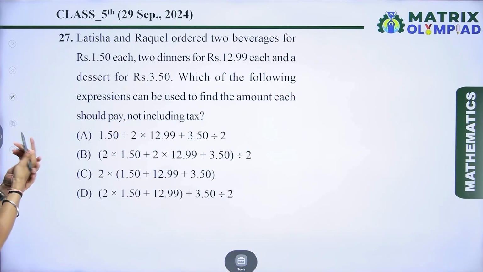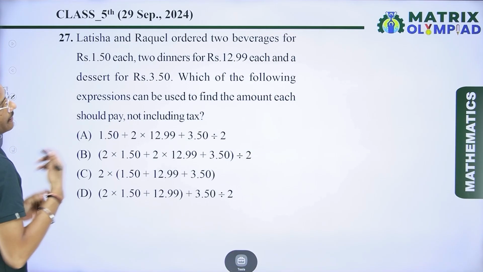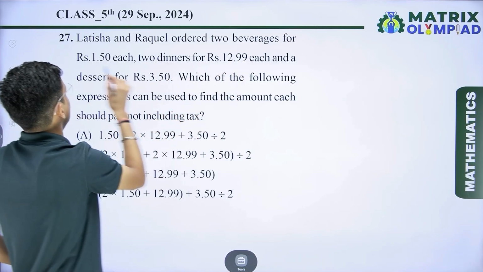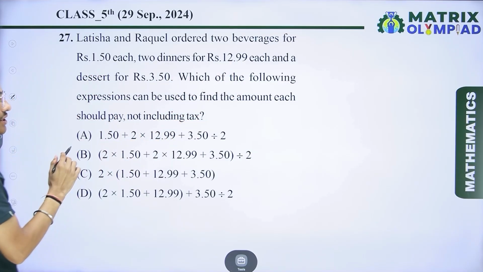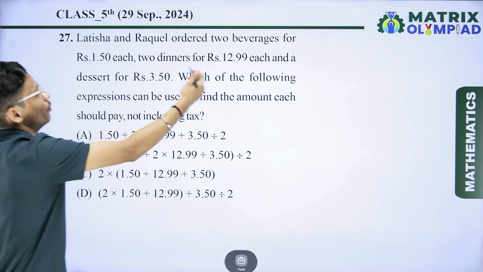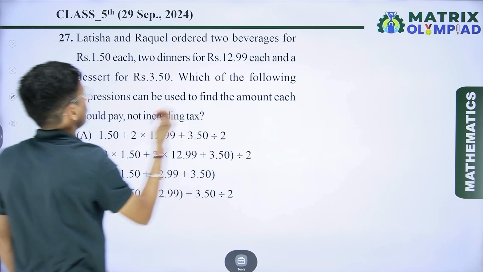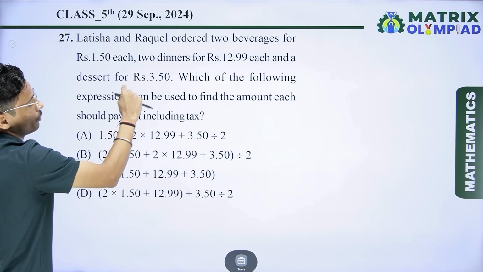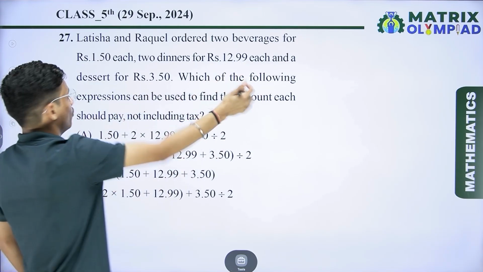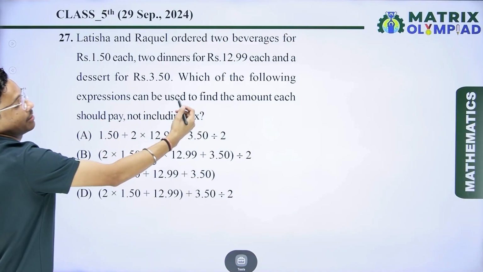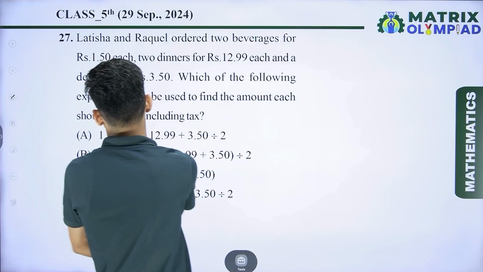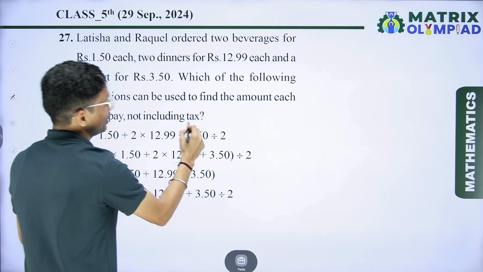Now next question: Latisha and Raquel ordered 2 beverages for rupees 1.50 each, 2 dinners for rupees 12.99 each, and a dessert for rupees 3.50. Which of the following expressions can be used to find the amount each should pay, not including tax?